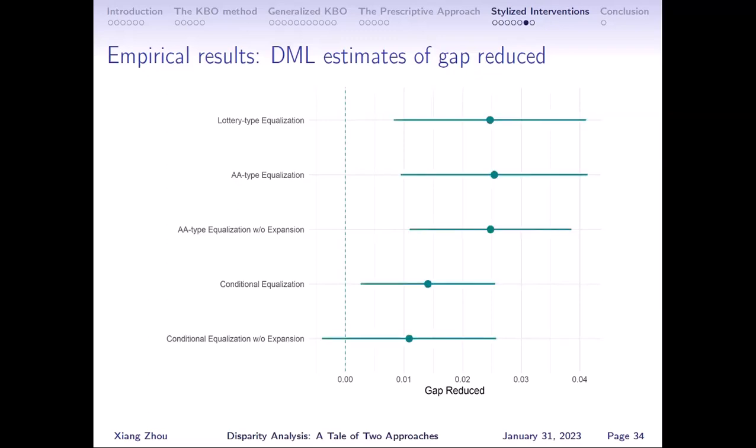We can see most interventions we have considered do have a statistically significant effect in reducing the gap, right? And the largest reduction of the gap will occur under marginal equalization interventions like lottery type equalization, affirmative action type equalization. They produce very similar results, and affirmative action type equalization without expansion. And conditional equalization is more modest, so they produce weaker effects in reducing the gap.